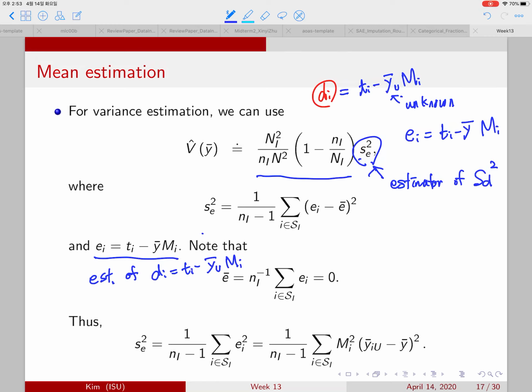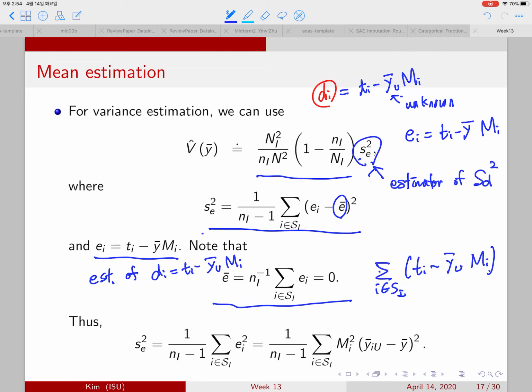Okay. And now if you do that, then the sample mean is exactly equal to 0, because of the same story: ti minus y bar mi, oh no, not y bar u, y bar. Okay, it becomes 0 by definition of the y bar.